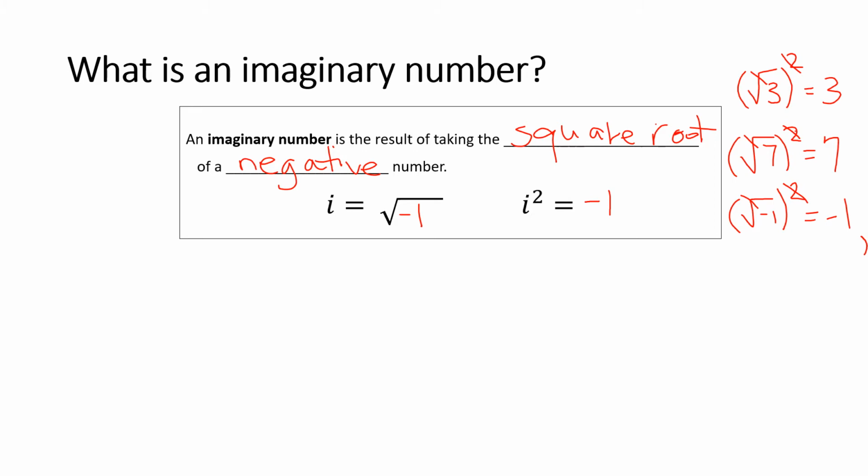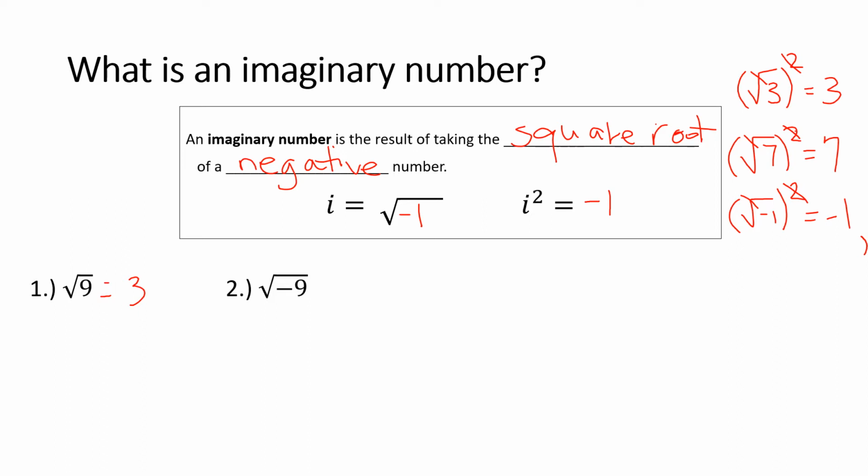Okay, now how do we look at these? Let's take a look at some examples here. Number 1, square root of 9. Well, we've already done this in previous lessons. The square root of 9 is just 3 because 3 squared is 9. So then what's the square root of -9? It can't be 3 because 3 squared is +9.